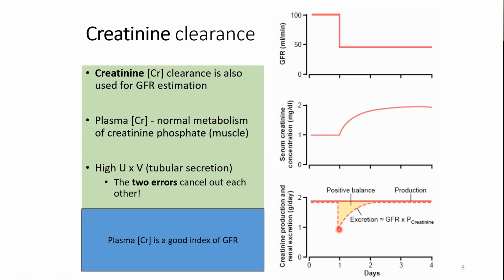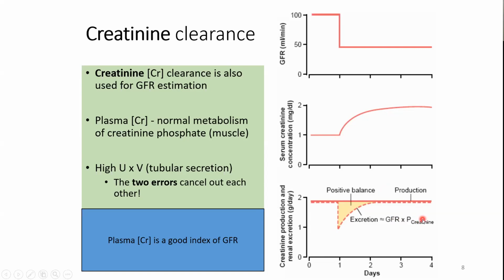But later on, creatinine started to creep up in plasma, even at a lower 50% reduction in GFR, since you have this multiplication going on here. While GFR is decreased, initially this would be around constant.